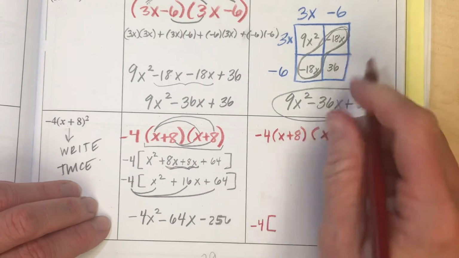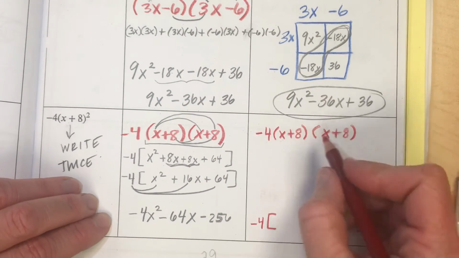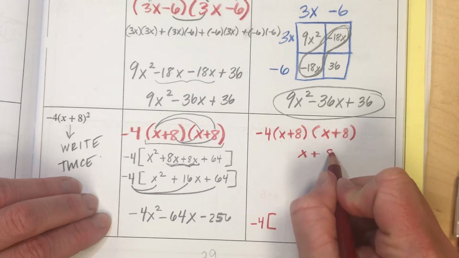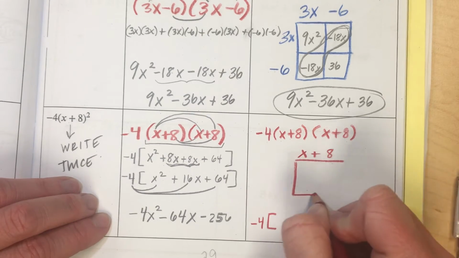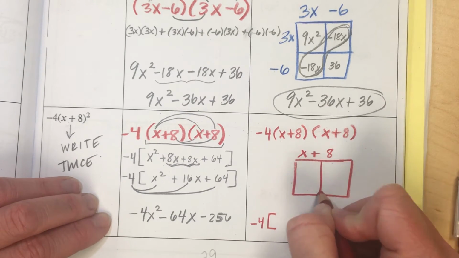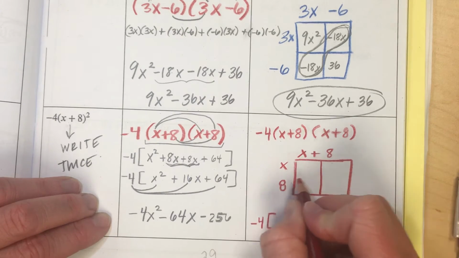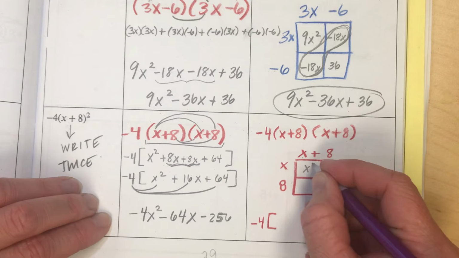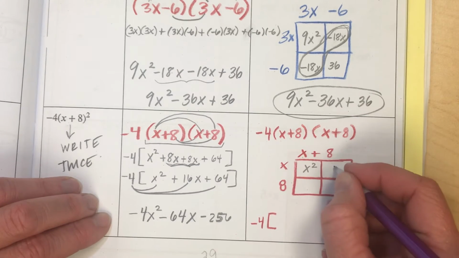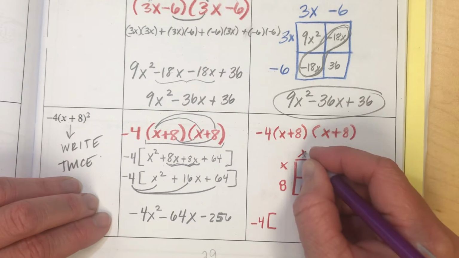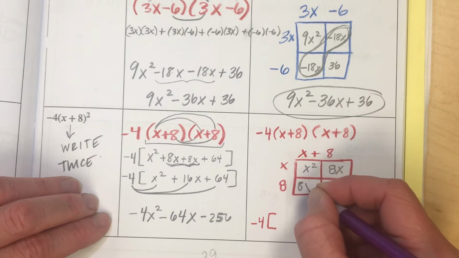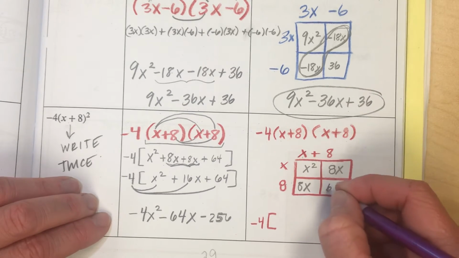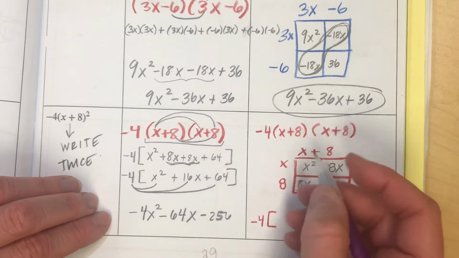Now in my box, I'm going to make just like I made before, my x plus 8. There's two terms there. And then another x and an 8. My x times x is x squared. x times 8 is 8x. x times 8 is also 8x. And 8 times 8 is 64. But I haven't taken into account that -4 yet.